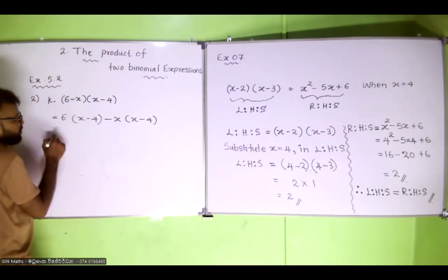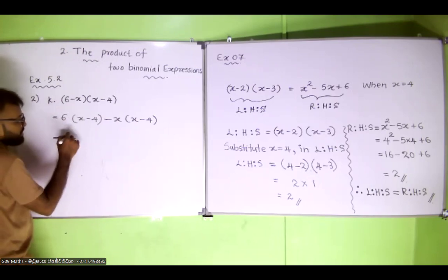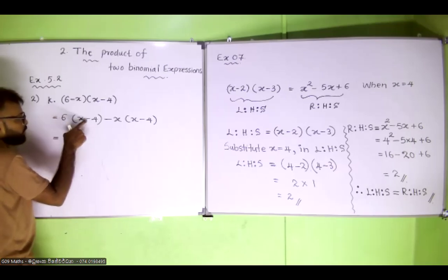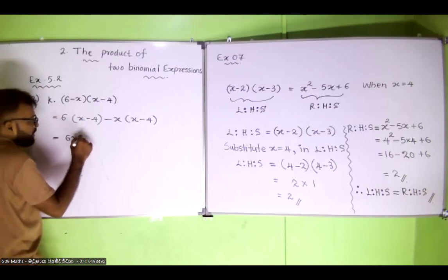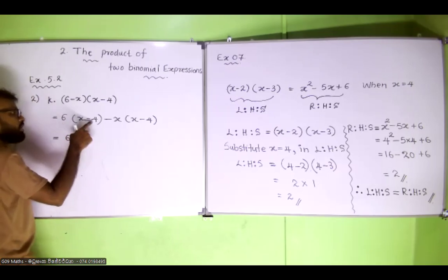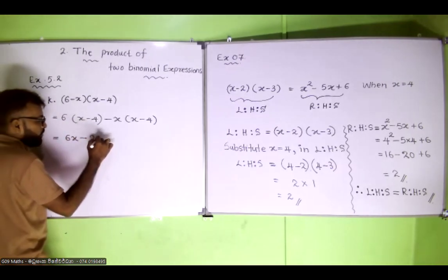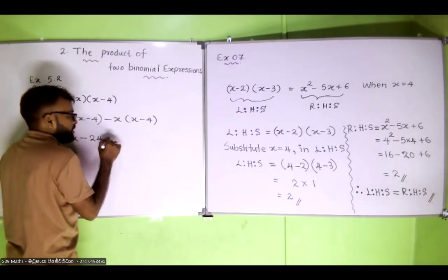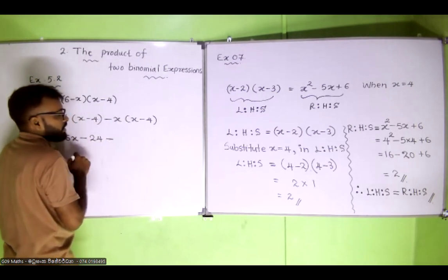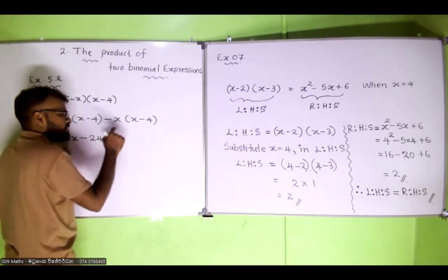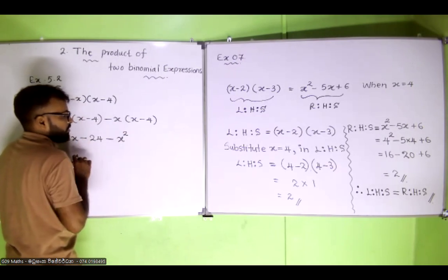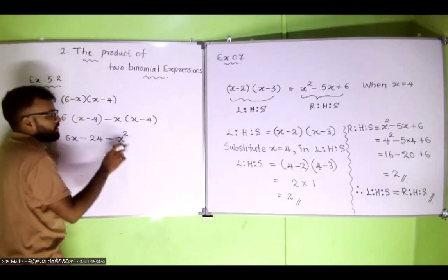Positive into positive, positive. 6 into x, 6x, correct? Positive into negative, negative. 6 into 4, 24. Negative into positive, negative. X into x, x to the power 2. Very accurate and clear, right?